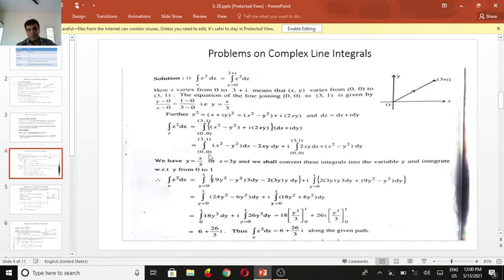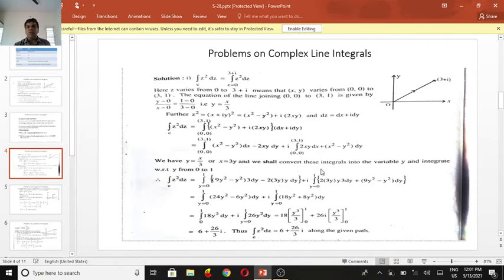The real part is the integral from (0,0) to (3,1) of (x squared minus y squared) dx minus 2xy dy, plus i times the imaginary part, the integral of 2xy dx plus (x squared minus y squared) dy. Again I want to convert to either x form or y form, so we have y = x/3 or simply x = 3y.